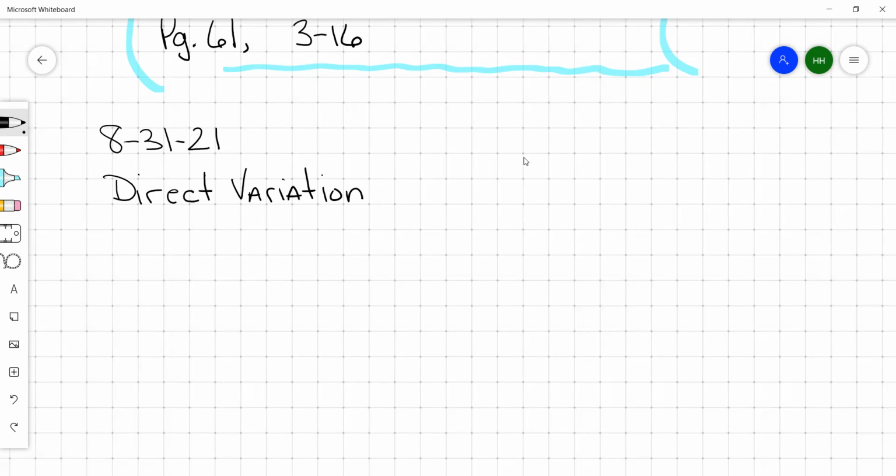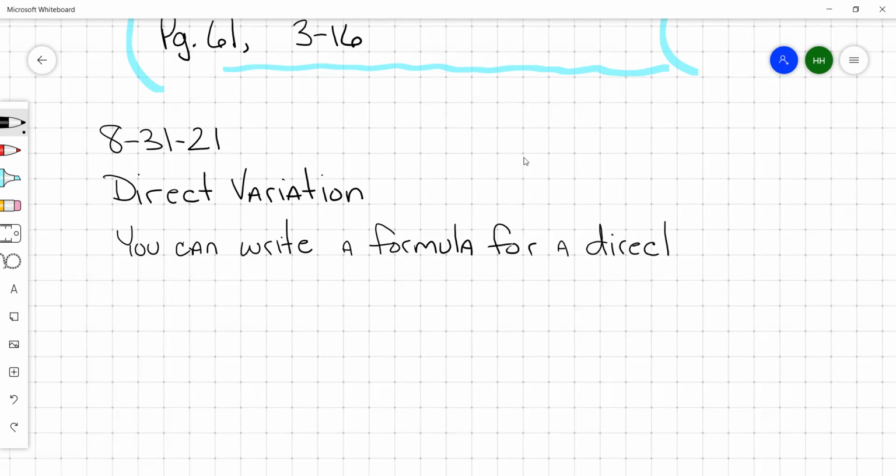And we're going to say that you can write a formula for a direct variation function in two ways.